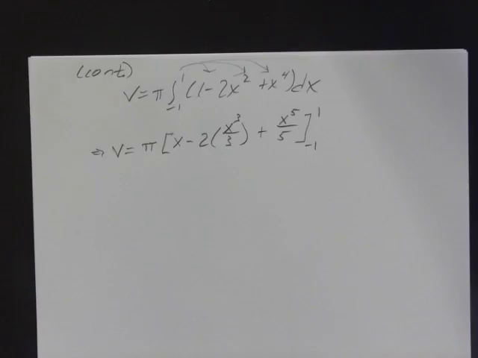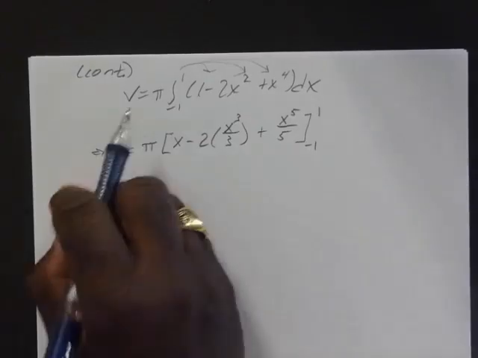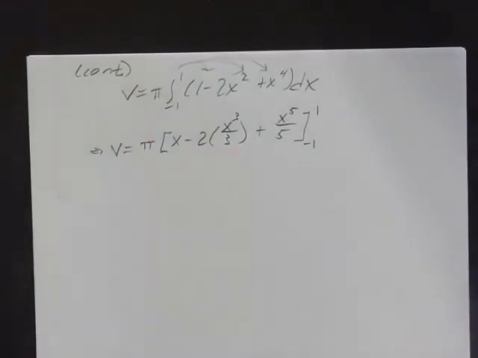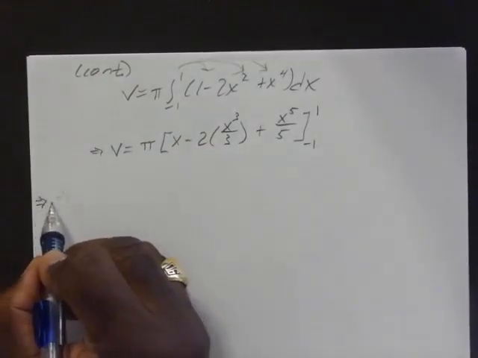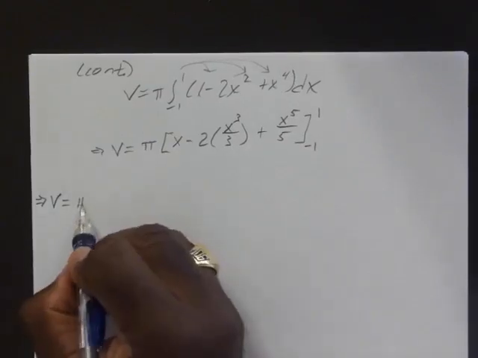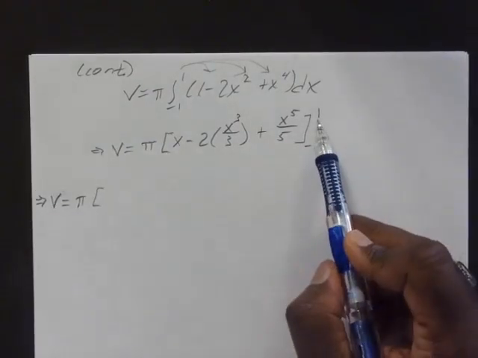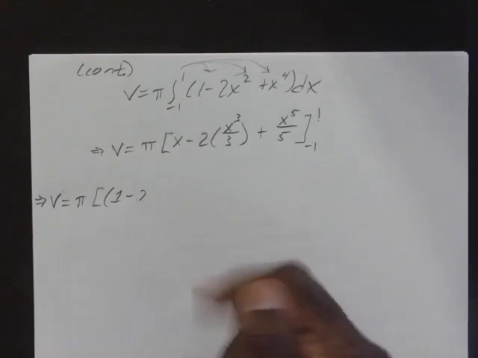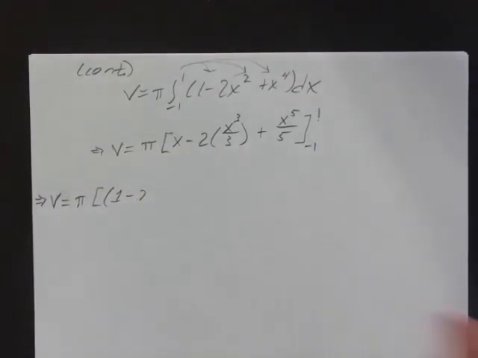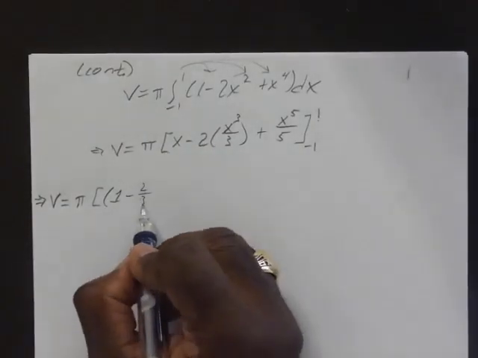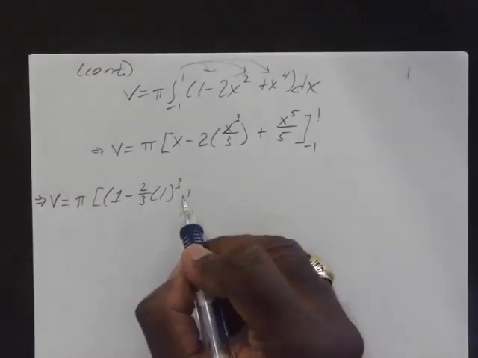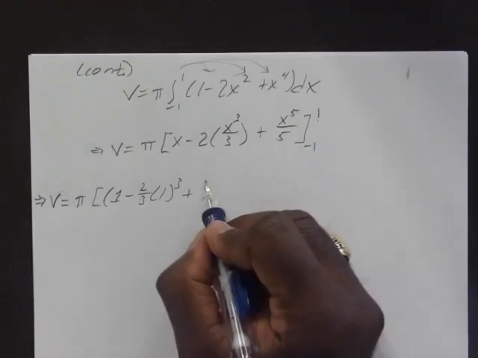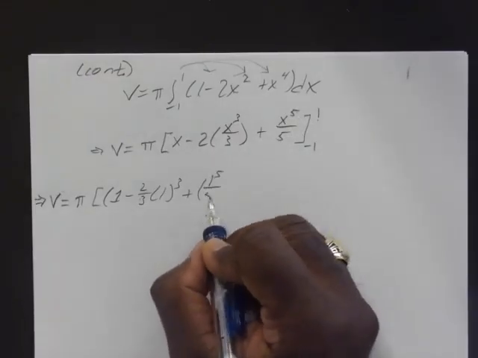So now we go ahead and apply the fundamental theorem. Okay, so we go ahead and plug in our upper bound. So that's 1 minus, we can just combine that and make it 2/3 times 1 to the third power, plus 1 to the fifth power over 5.